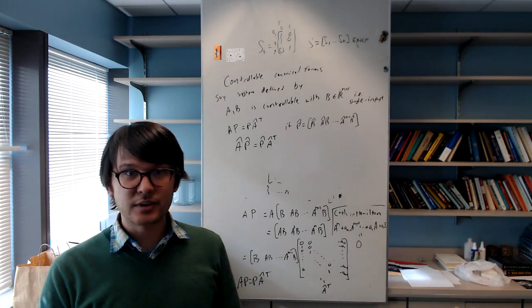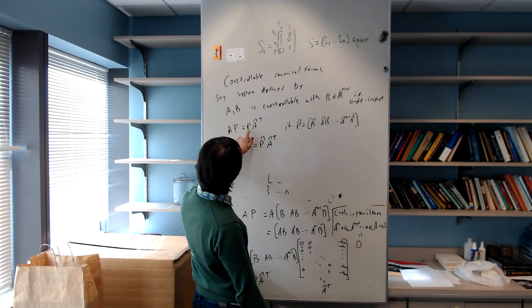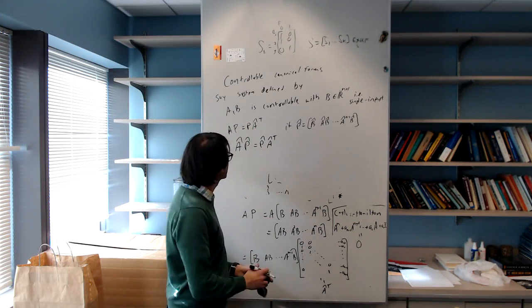Yep, that's what we've got, because again, if I took this thing times the controllability matrix, it's equal to the controllability matrix times the transpose of that characteristic polynomial matrix.